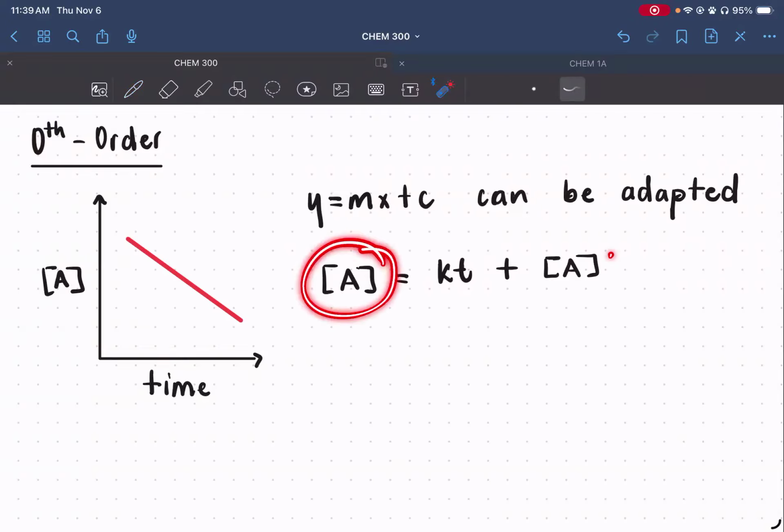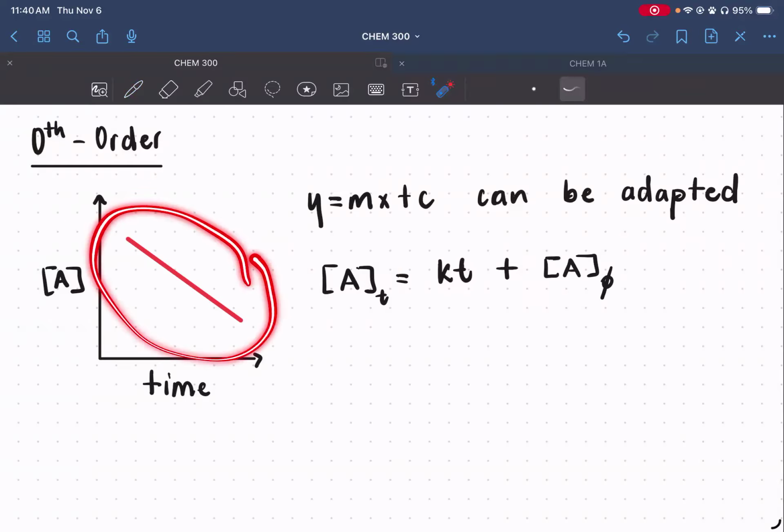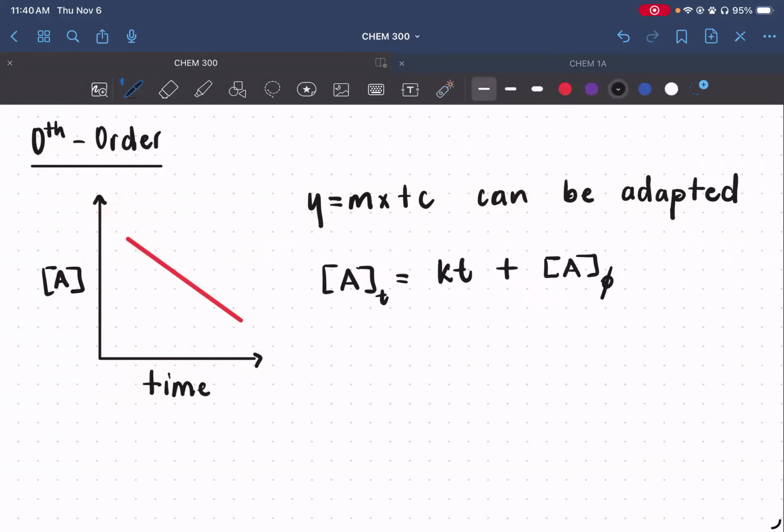To distinguish these two concentrations, we give them the label A_t and A naught. That's a 0. And of course, as we can see from the graph, the gradient is overall negative, so that is a negative kt.